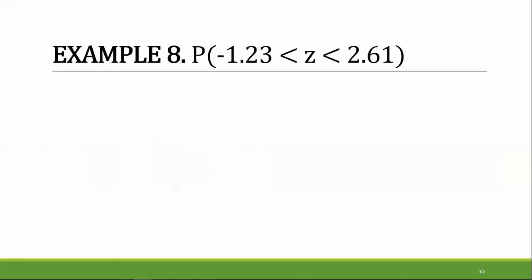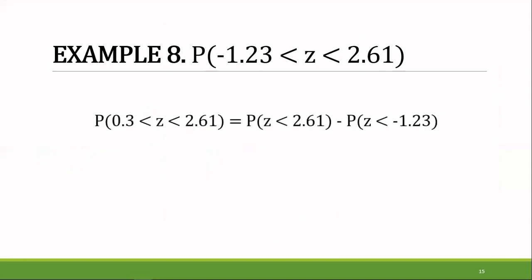Okay, so let's have example number 8. So, ganun pa rin, no? Probability pa rin. Ayan. So, kailangan lang naman natin i-satisfy, no? Na yung 2.61 na Z value is greater than negative 1.23 na Z value, so kailangan natin i-subtract yung Z value ng negative 1.23 sa 2.61.